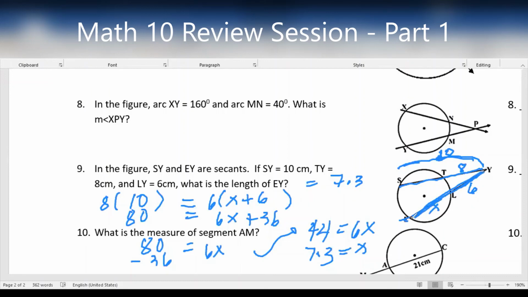Ano lang po, EL x lang po siya, di ba? Kaya yung final answer, since we are looking for EY, magpa-plus 6 tayo. Tama ba? Is that what you did? Opo. Kasi EY hinahanap yung buong line. This 7.3 is only the value of the segment inside or the chord. Kaya ipa-plus natin yung outside segment. So plus 6, kaya the answer is 13.3.